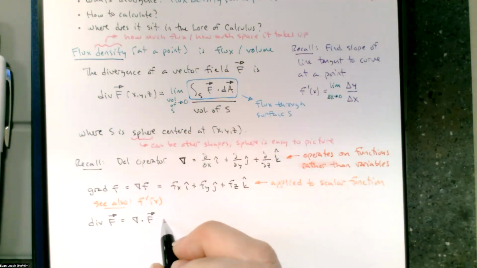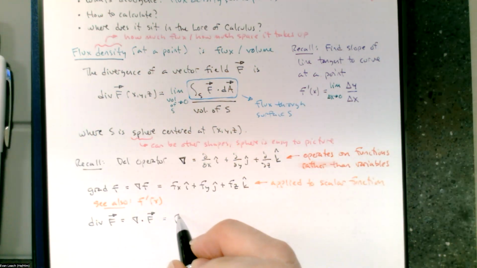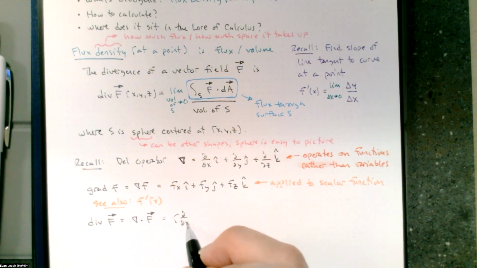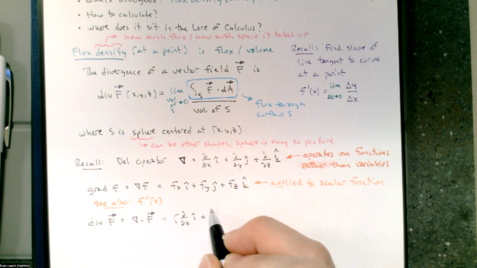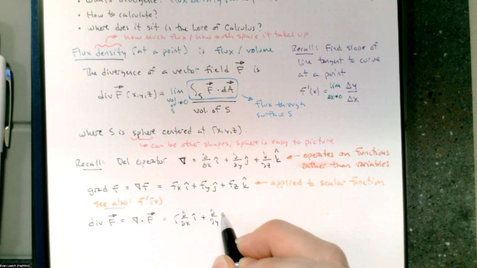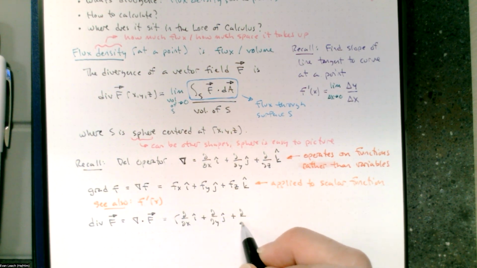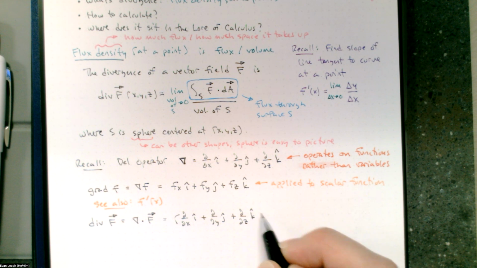So the del operator is partial with respect to x i plus partial with respect to y j plus partial with respect to z k. Dotted with our vector field f.